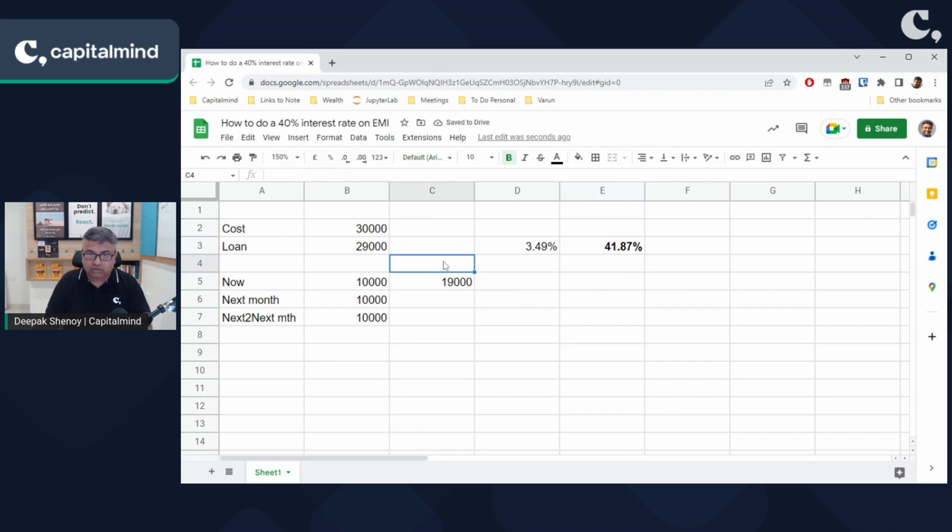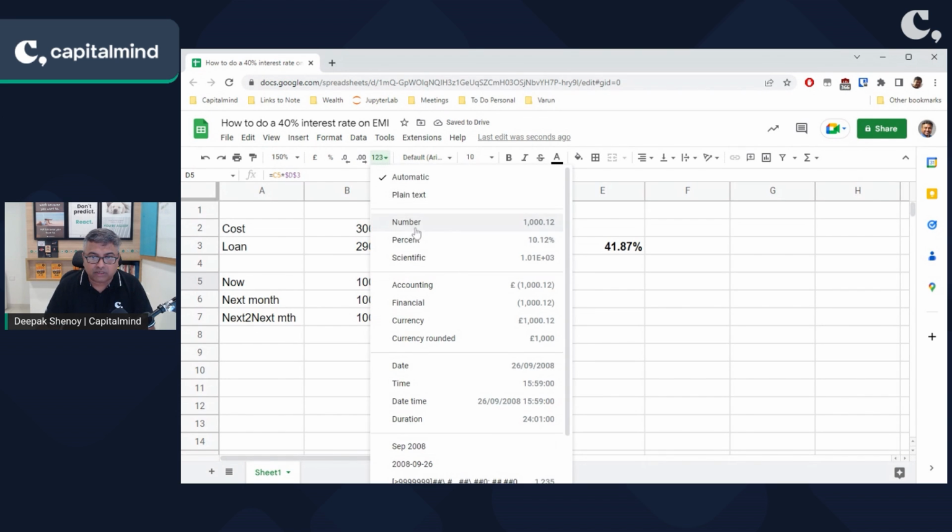Let us say this is the amount outstanding. Right now the amount outstanding was 19,000. What is the interest on it for the first month? The interest in the first month is equal to 19,000 into 3.49%, correct? I'll just put F4 there so that it is here. I'll make this also nicely into a number.